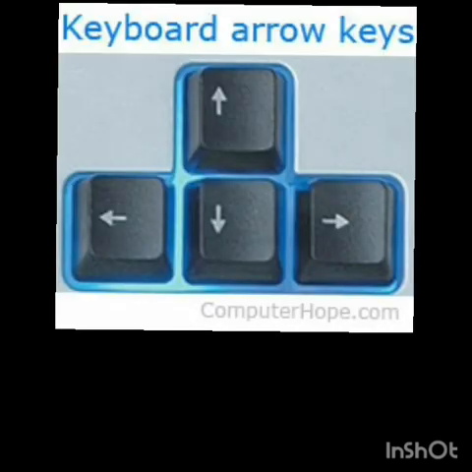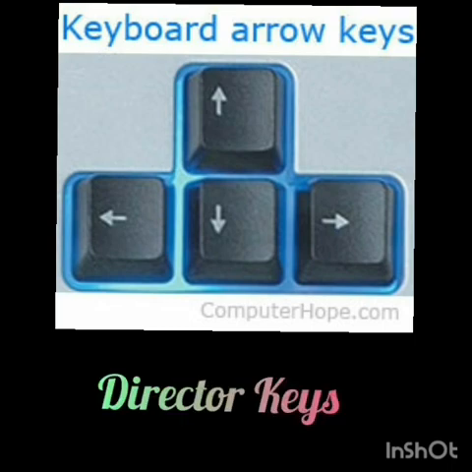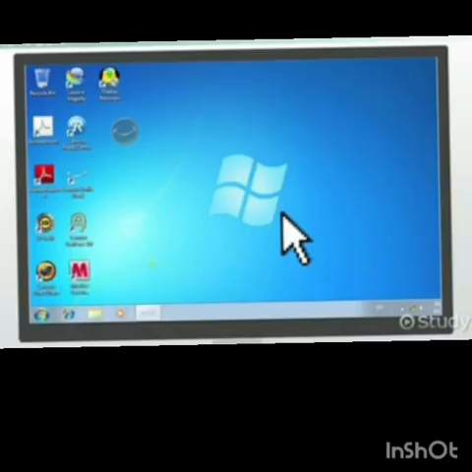We can move the cursor up, down, left, or right on the monitor with the help of the arrow keys. Arrow keys also have another name. They are called director keys. This key moves the cursor up. It moves the cursor up, down, left and right.